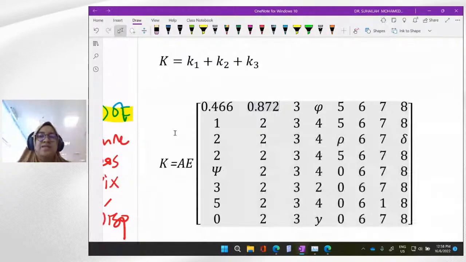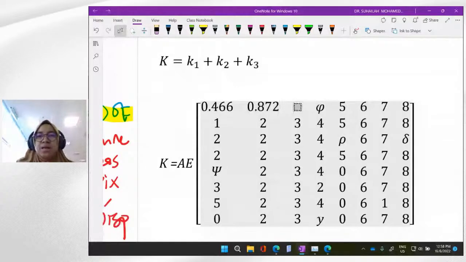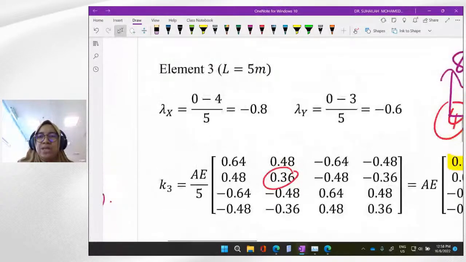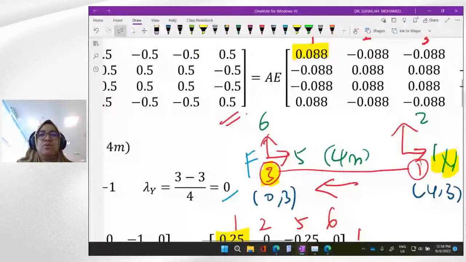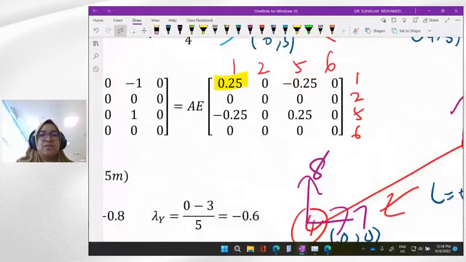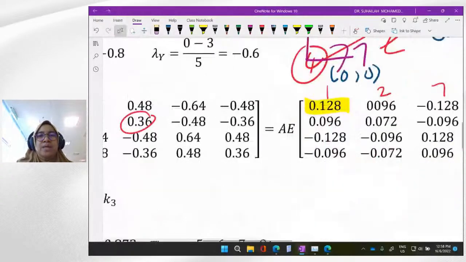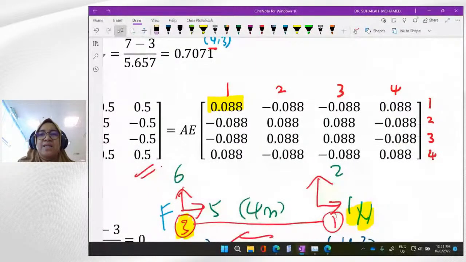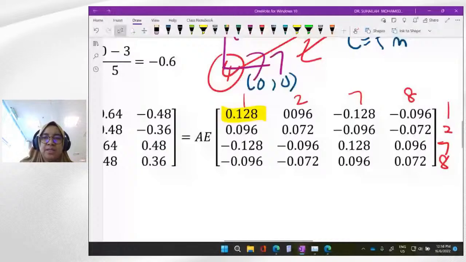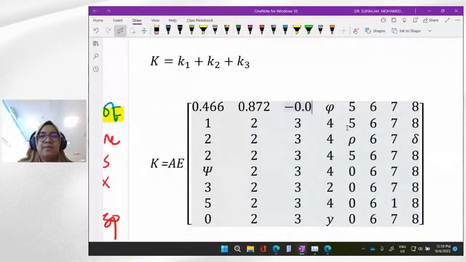The next value is position 1, 3. For position 1, 3, we get it only from K1 because there is no 1, 3 in K2 and no 1, 3 in K3. So the 1, 3 value from K1 is negative 0.088.